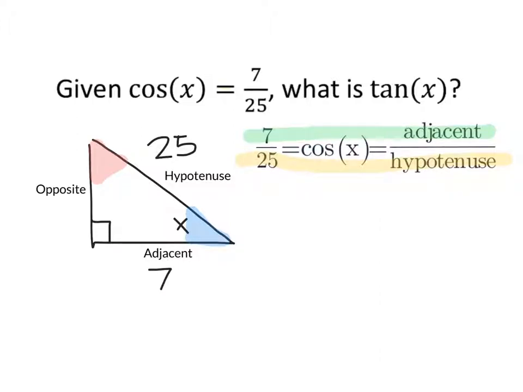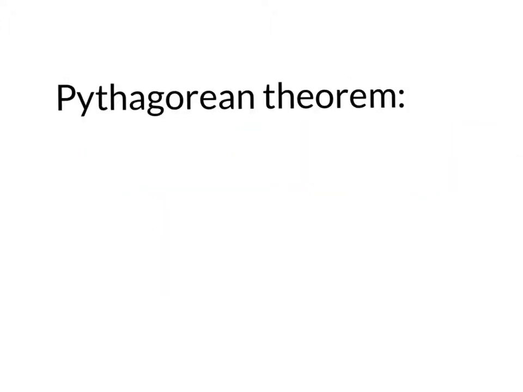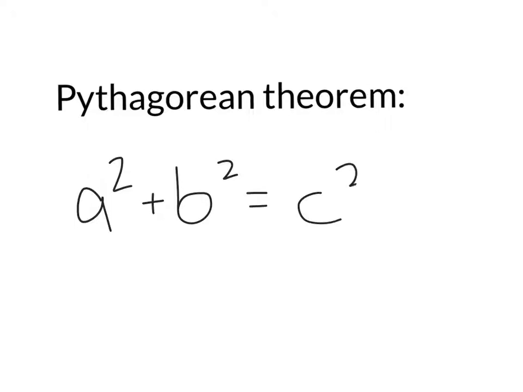However, we still don't know the length of the opposite side. So we're going to have to use Pythagorean theorem, just like we did in Objective 1, to solve for the opposite side. Pythagorean theorem is a squared plus b squared equals c squared, where a and b are the legs of the right triangle and c is the hypotenuse.